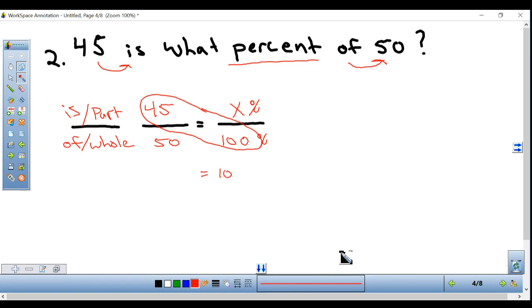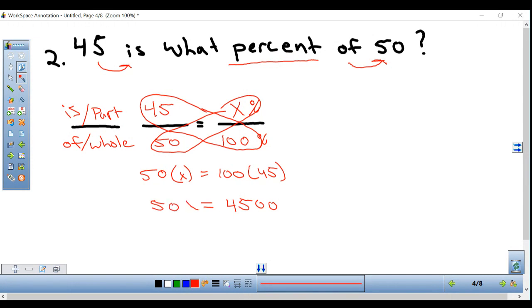So 100 times 45 equals 50 times x. I'm going to solve what I can solve. 100 times 45 is 4,500. And 50 times x over here. And I'm solving, once again, a simple algebraic equation.